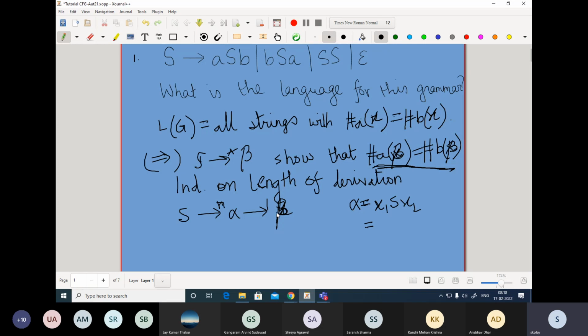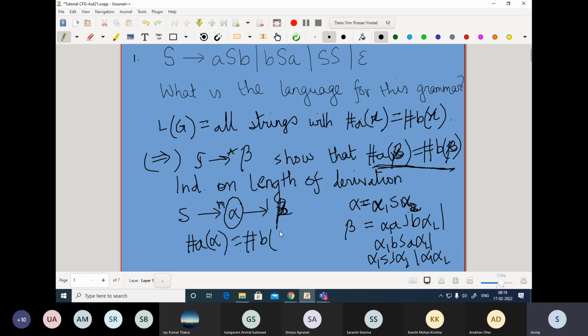If you look at beta, alpha can be of the form alpha 1 S alpha 2, and then beta will be of the form either alpha 1 a S b alpha 2, or alpha 1 b S a alpha 2, or alpha 1 SS alpha 2, or alpha 1 alpha 2. So now notice that on alpha you can apply the induction hypothesis and say that the number of a's in alpha is equal to the number of b's in alpha.